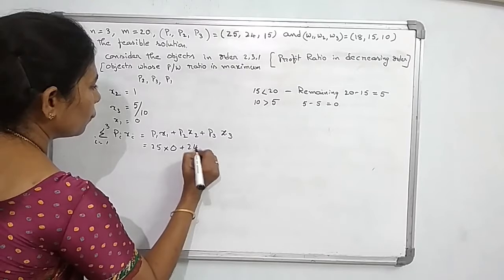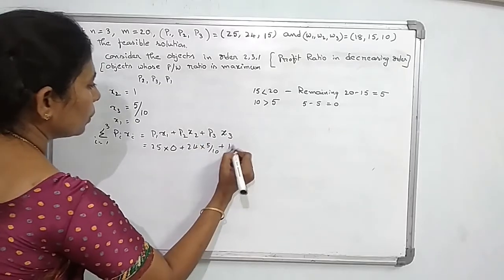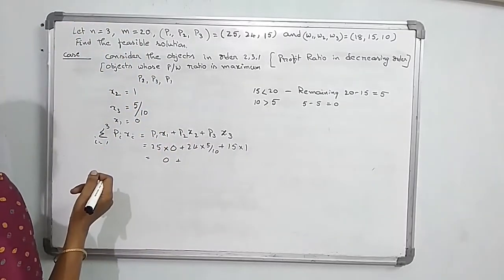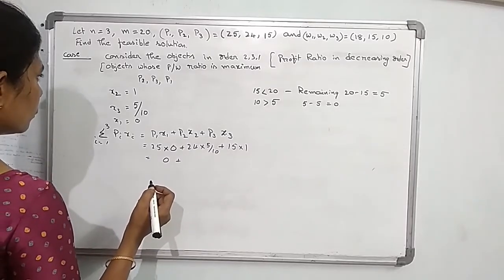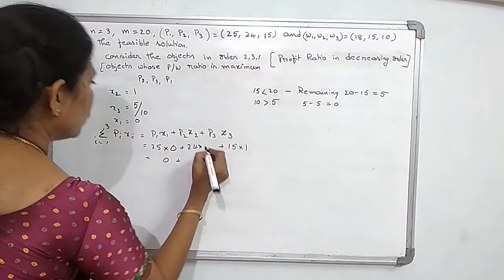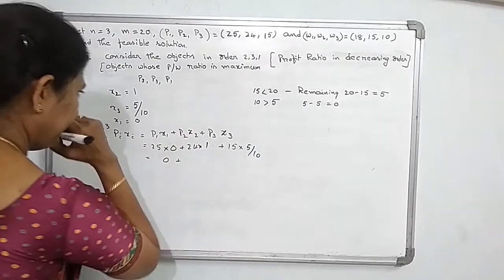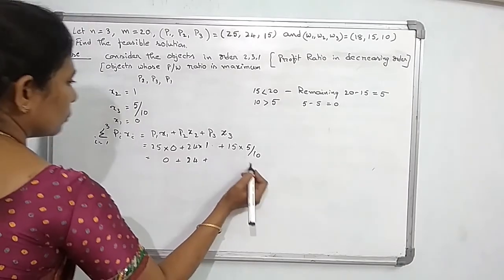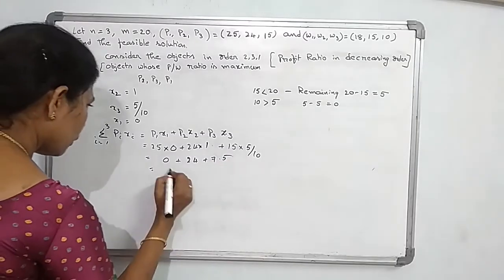P2 value is 24 and x2 equal to 1, plus P3 value is 15 and x3 equal to 5 by 10. So this is 0 plus 24 plus 15 by 2, that is 7.5. So that means 31.5.